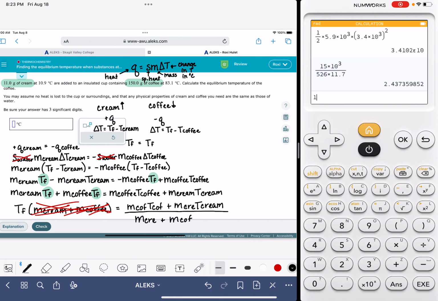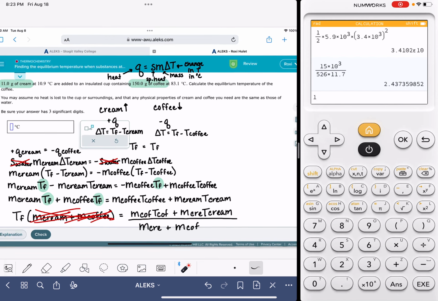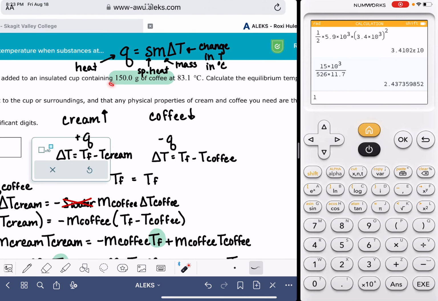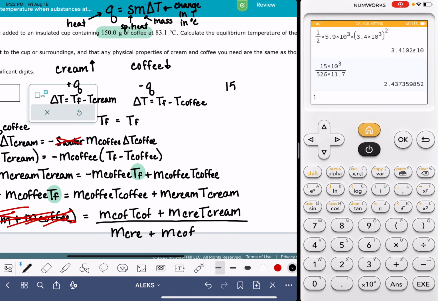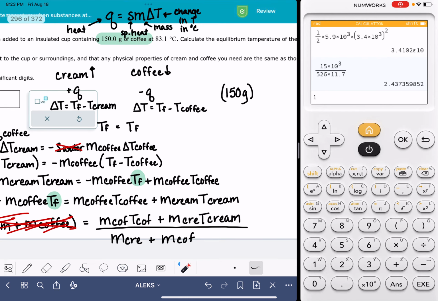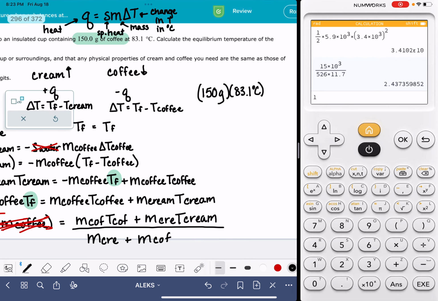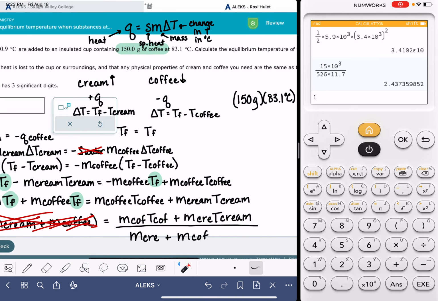So I'm going to take this and try to fit it up in this space right here. The mass of the coffee, 150 grams. The temperature of the coffee, that's my starting temperature, 83.1 degrees C, plus the mass of the cream times the temperature of the cream.